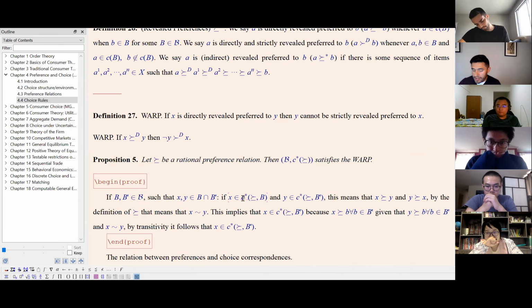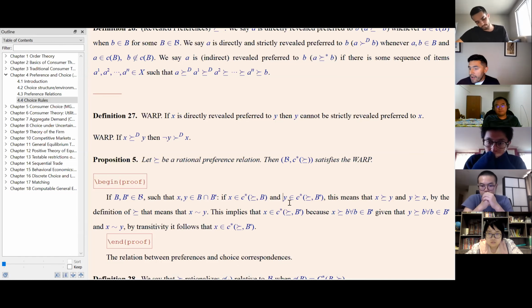So let's start with the definition. If X belongs to the C star, remember what is the C star? The C star is the set of maximizers of the preference relation on that particular choice set. So in particular, it means that no other item there is strictly preferred to X. No one is better.